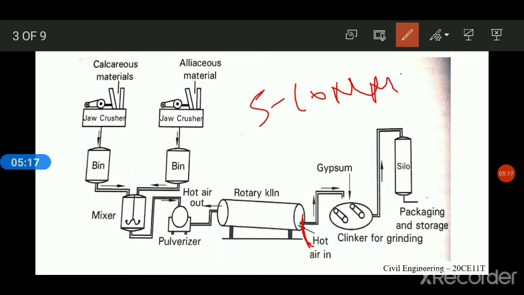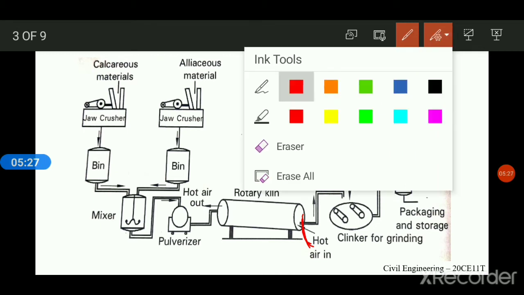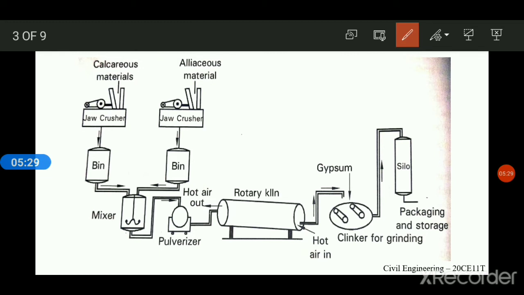The resulting hot air is used for burning powdered coal or oil, and the cooled clinkers are collected in small trolleys or in a small rotary kiln.